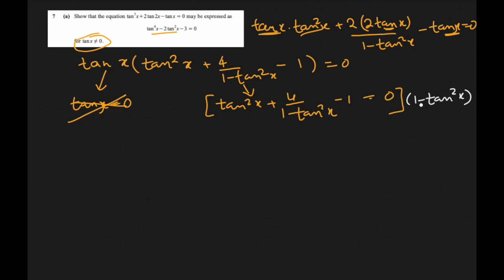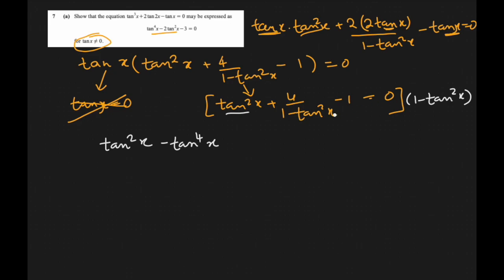That's the purpose of multiplying by this. So first this will multiply with tan square x. So tan square x times 1 will be tan square x. Tan square x times minus tan square x will be minus tan to the power 4x, and we have got a quadratic part. Now, plus 4 over 1 minus tan square x.